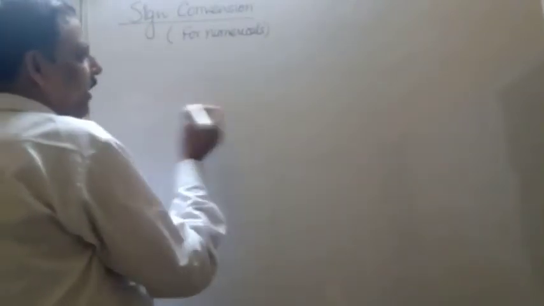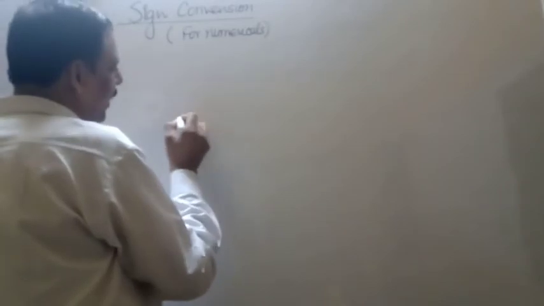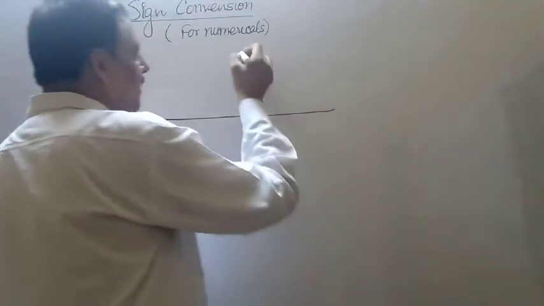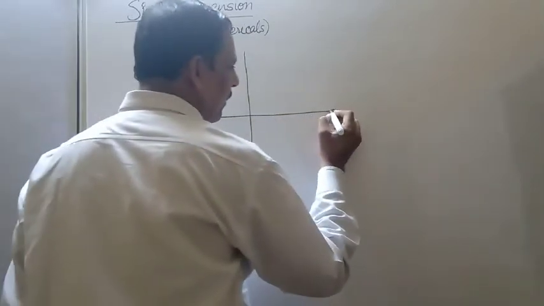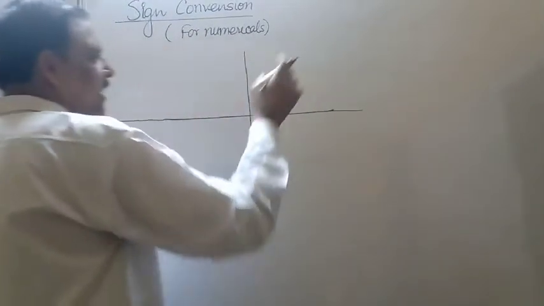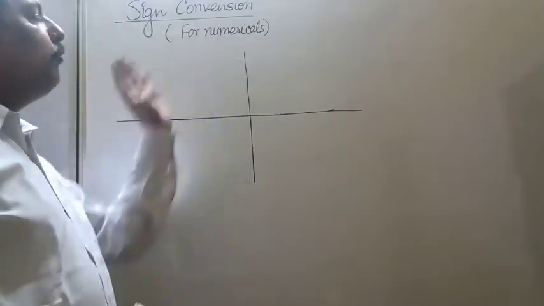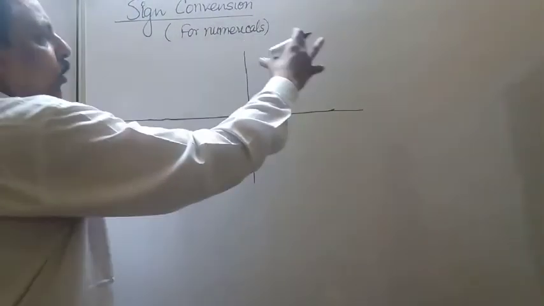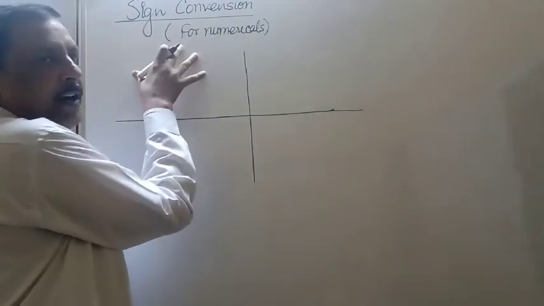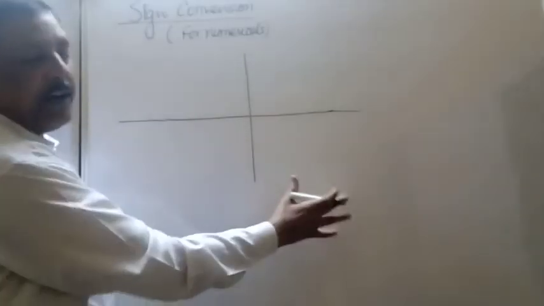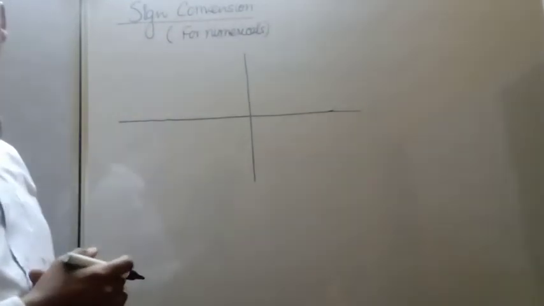So first of all, you already know what a Cartesian system is. As all of you know from 9th class mathematics, this is a Cartesian system. When we divide a plane into 4 parts, these are called quadrants: quadrant 1, quadrant 2, quadrant 3, quadrant 4.